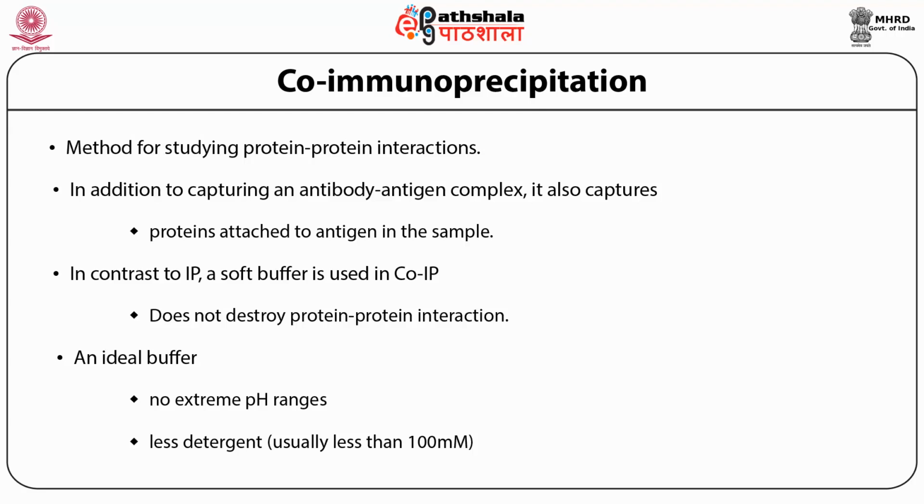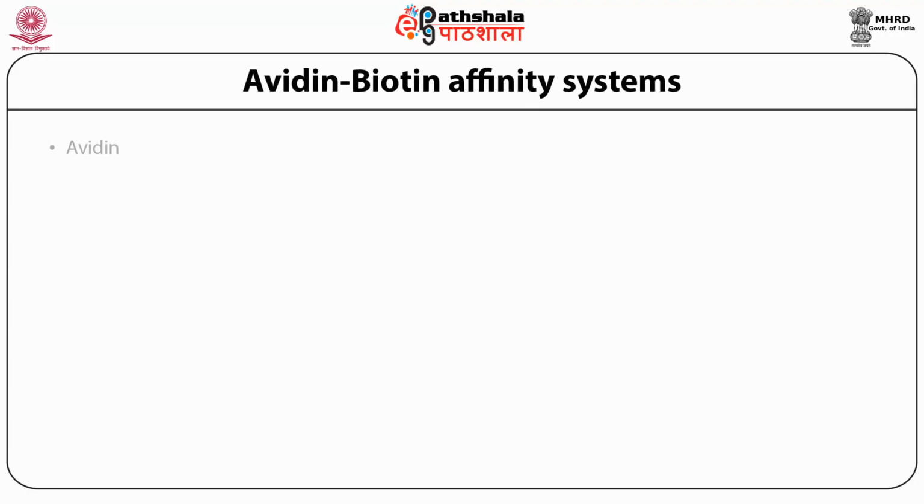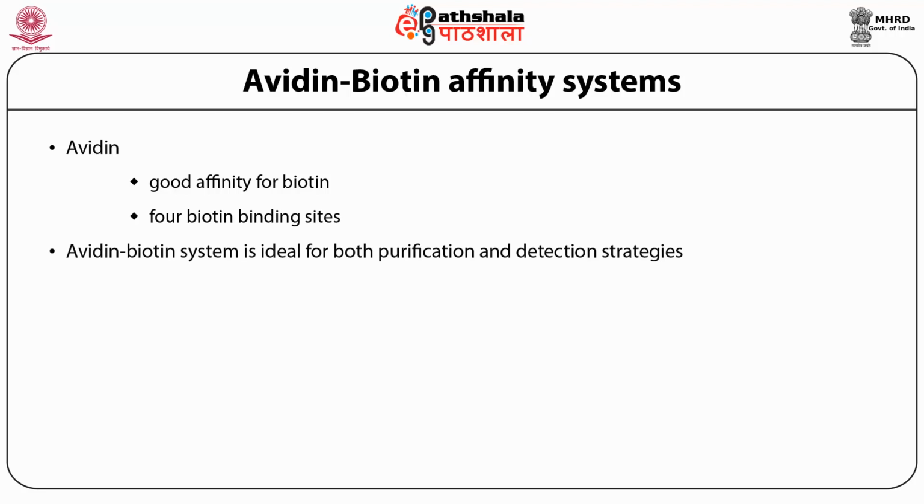Avidin is a protein that has good affinity for biotin. Biotin is a cofactor which is known to have crucial biological role in eukaryotes. Streptavidin is another protein that binds to biotin. These biotin binding proteins have 4 biotin binding sites, which make their interaction ideal for affinity purification.